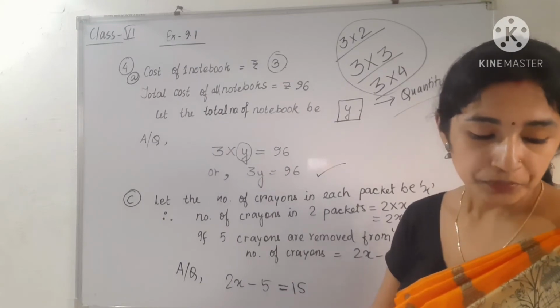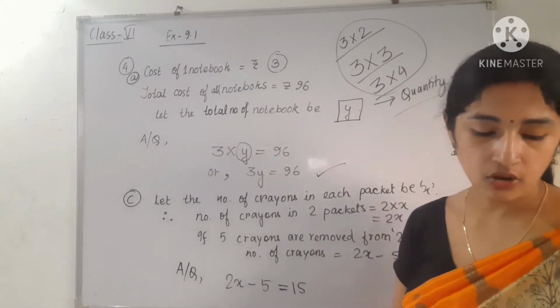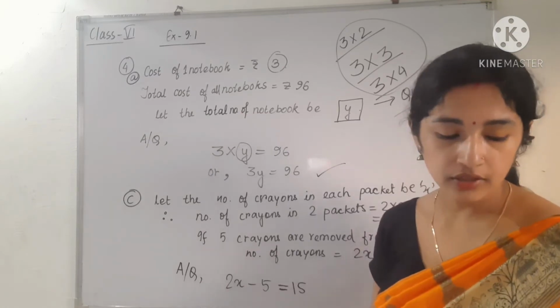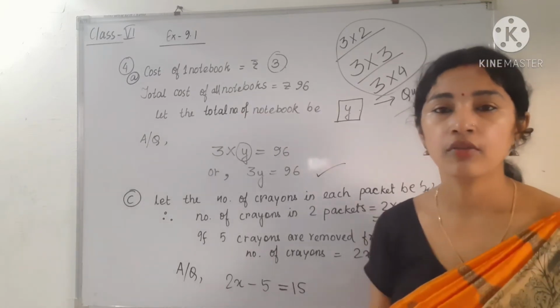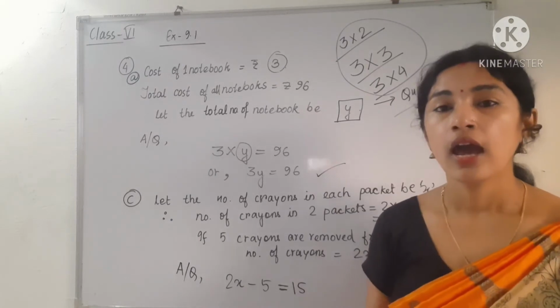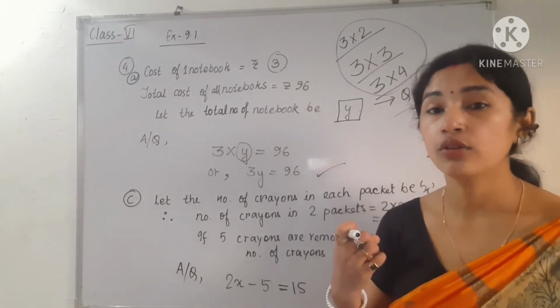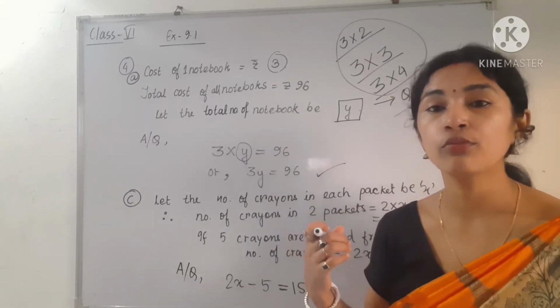C I am doing. From 2 packets of crayons, 5 crayons were removed. Now there are 15 crayons in all. That means there were 2 packets of crayons and they are removing 5 crayons from the 2 packets.